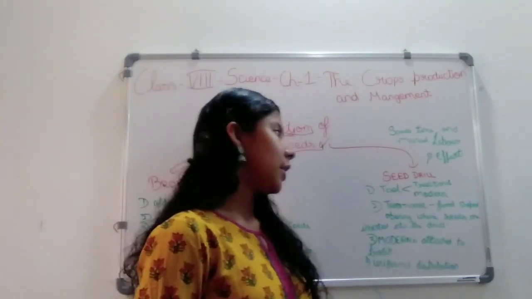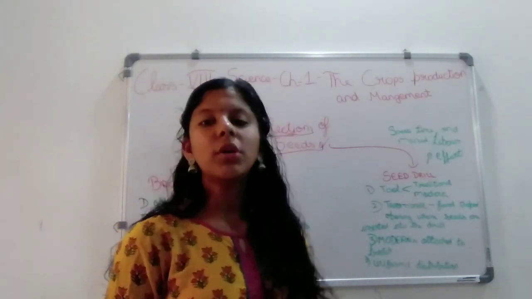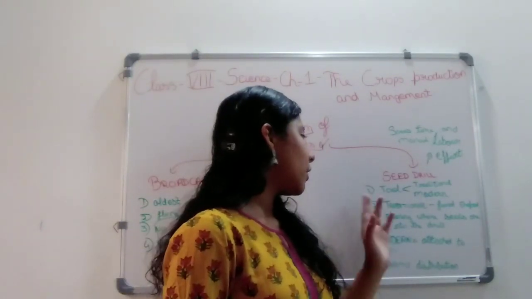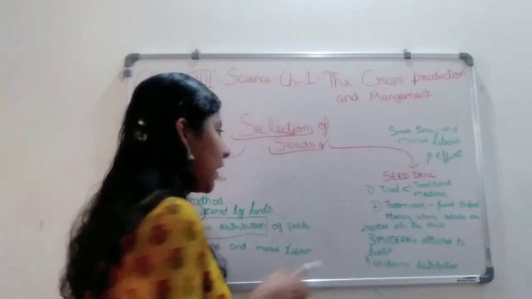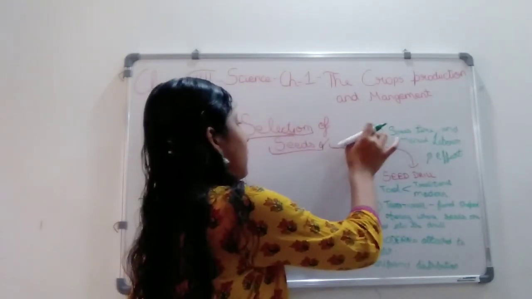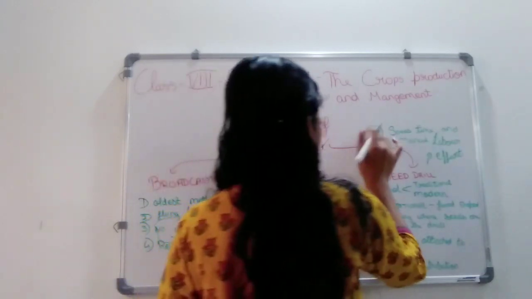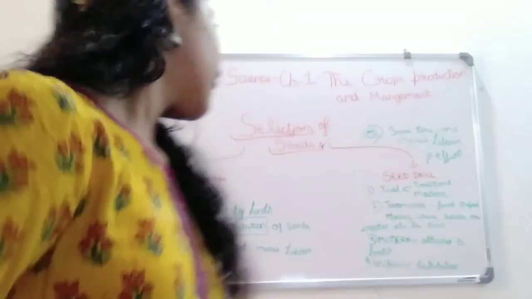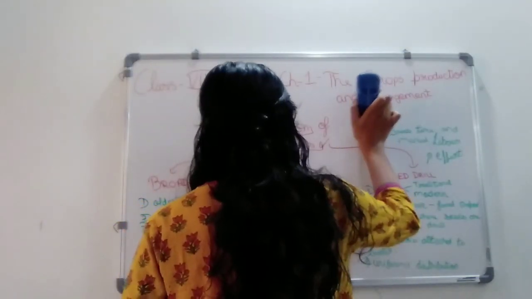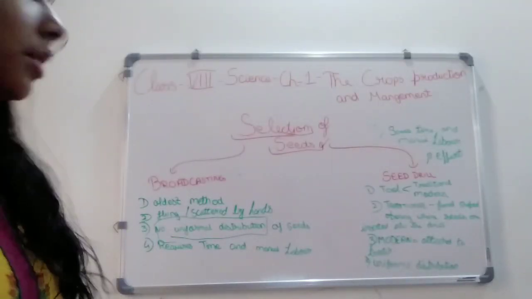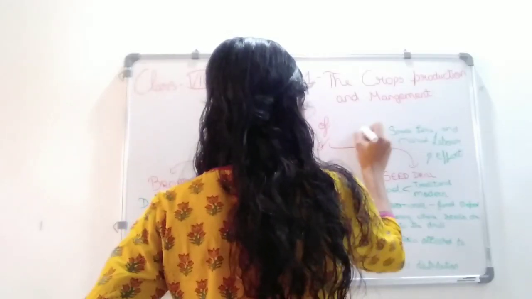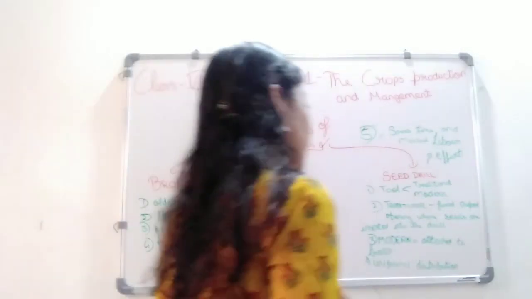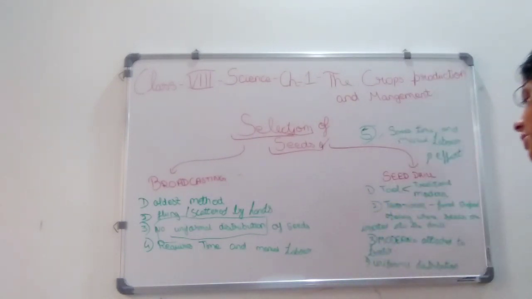So in tools we have two types, that is traditional as well as modern. As you can see, the traditional seed drill has a funnel shaped opening where seeds are inserted into the drill.